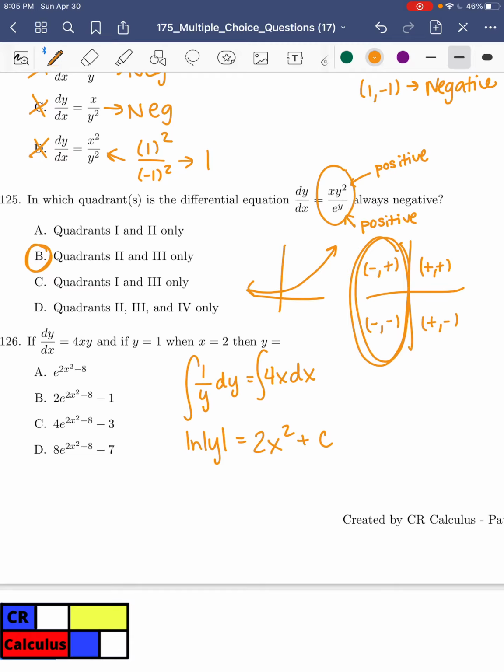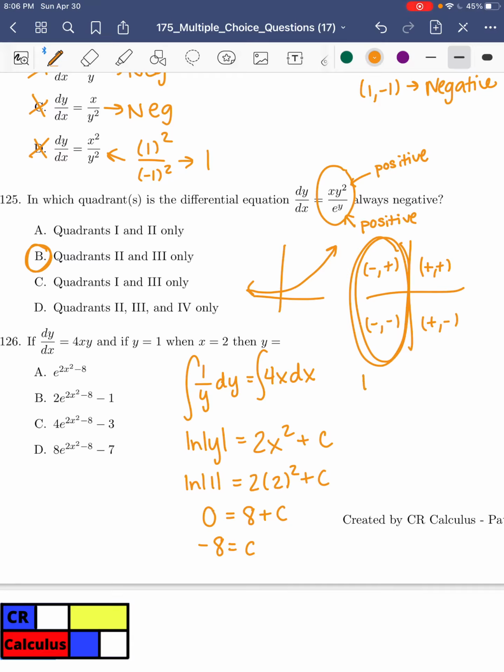All right, then it tells us when y equals 1, x equals 2. Since I know natural log of 1 equals 0, we can go ahead and do this to find our c value. So natural log of 1 is 0, 2 times 2 squared, that's 2 times 4 is 8, plus c. That tells us negative 8 is c.